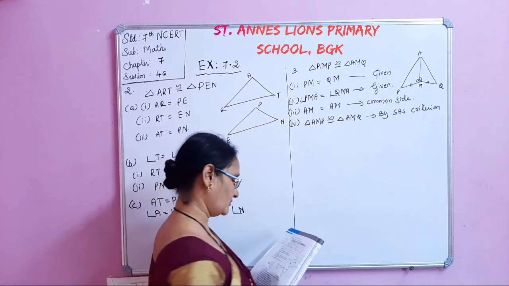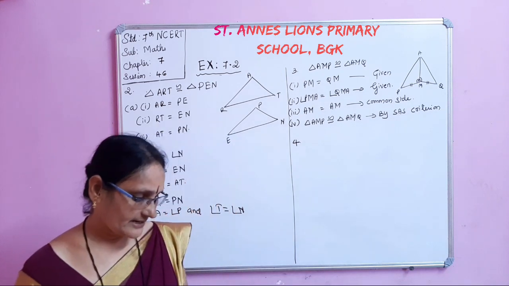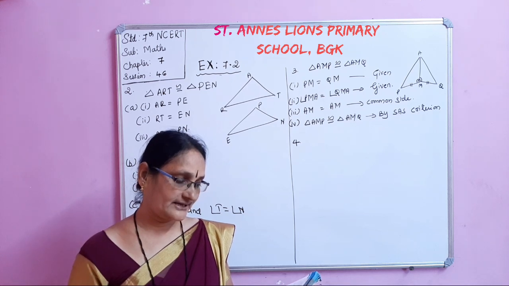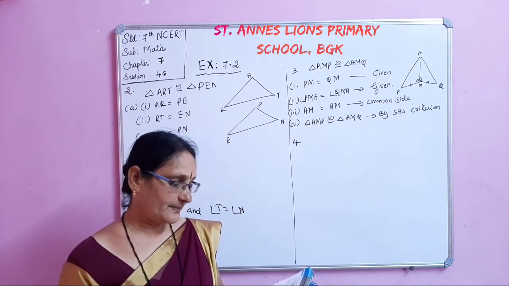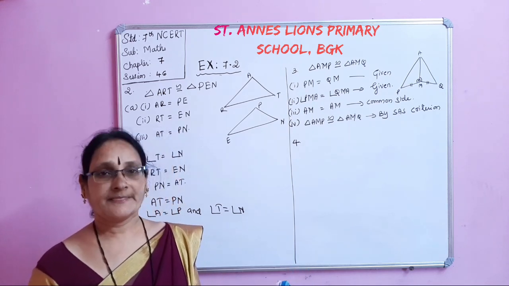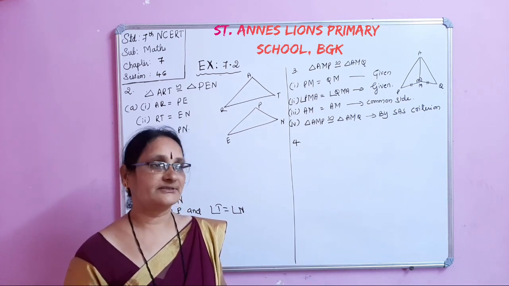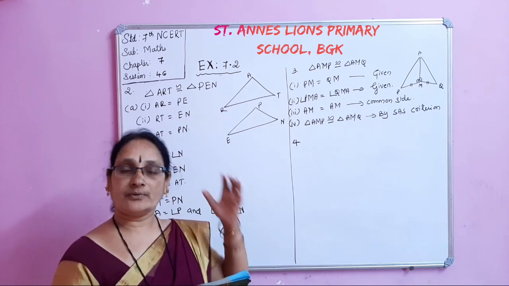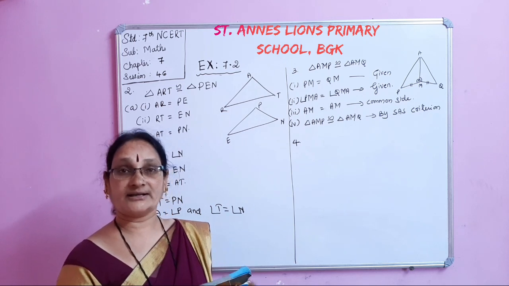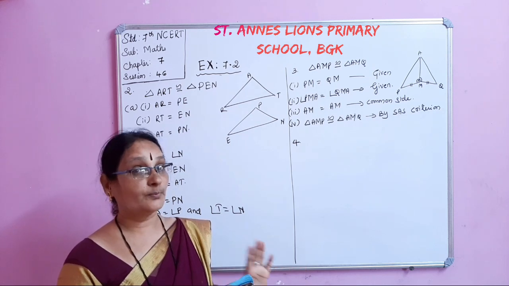The same way now fourth main, we'll see what it is. In triangle ABC, angle A is 30, B is 40, C is 110. In PQR, P is 30, Q is 40, R is 110. That means AAA. If three angles of one triangle are equal to the three corresponding angles of another triangle, they need not be congruent.